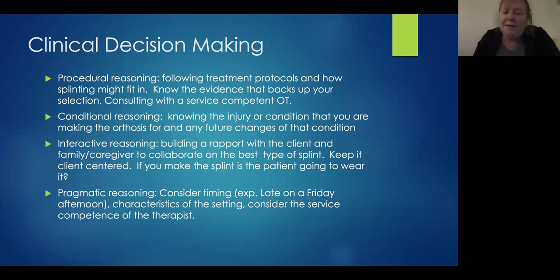Now, conditional reasoning is knowing about the injury or condition that you are making the orthosis for. So that's going to be important. Now, in our textbook, in chapter 6, we go over a lot of the more common hand conditions that as entry-level therapists you should be aware of.